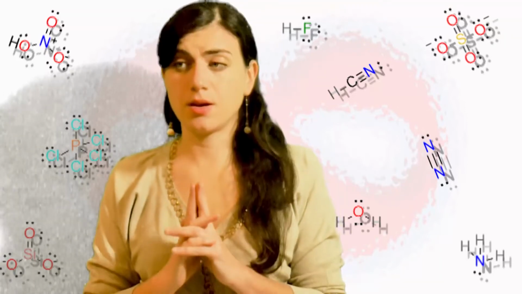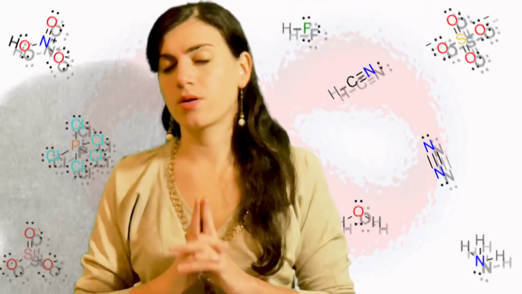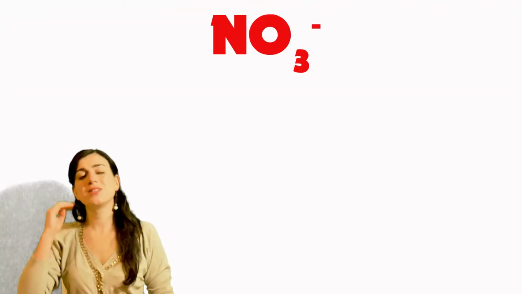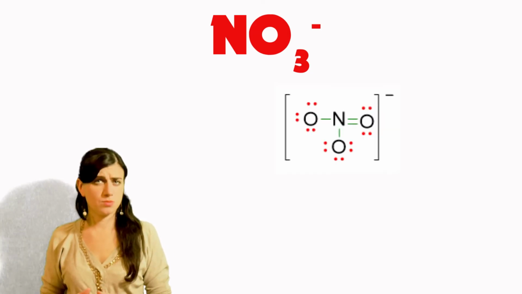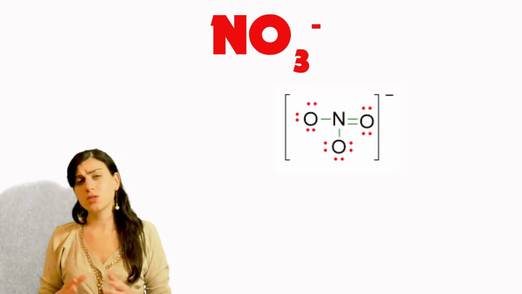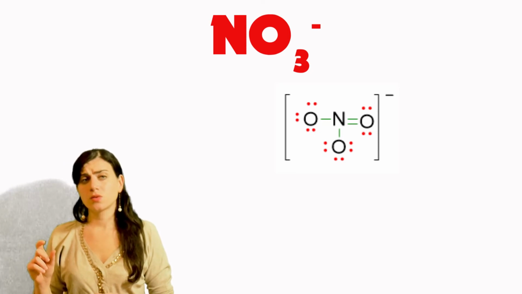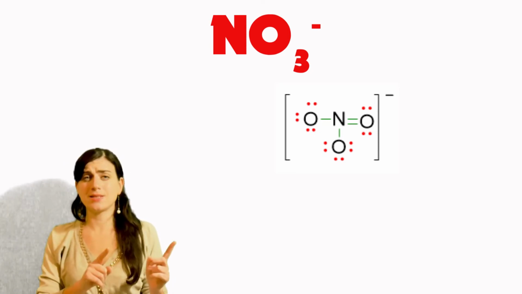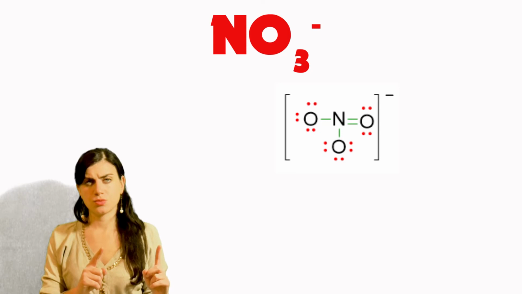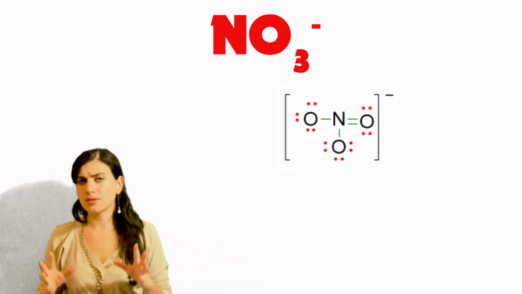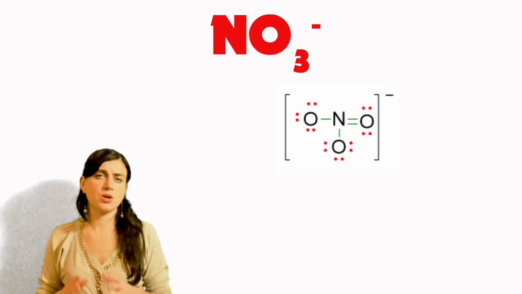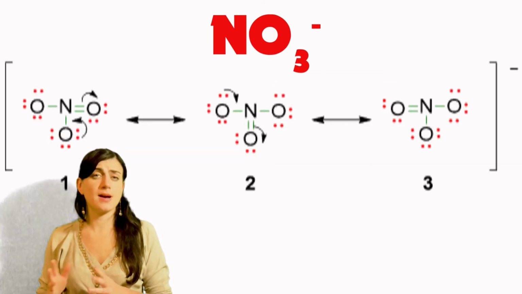Let's do an example again with our anion. For the nitrate anion, the structure we have written is the right one. However, as you can see, the double bond can be equally placed in another position involving another oxygen. In this way, we can write in total 3 resonance structures for the nitrate anion.